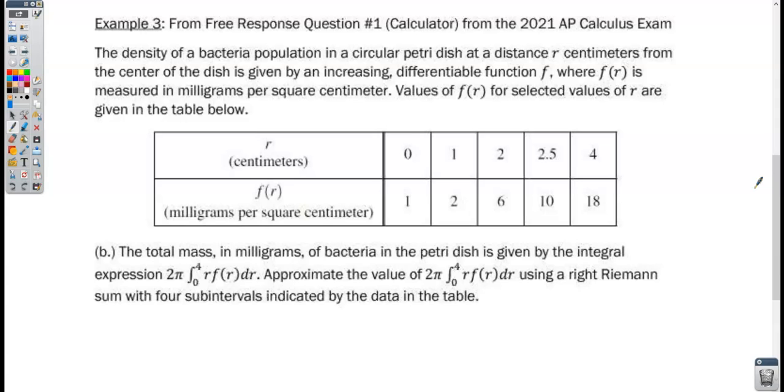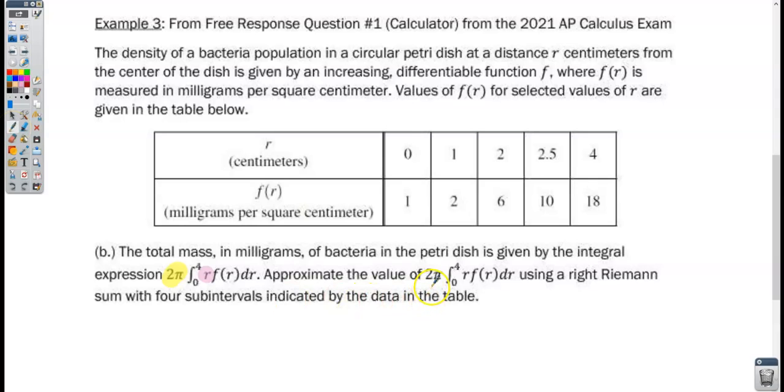Values of f of r for selected values of r are given in the table below. You see the table. And in this case, we don't just have the integral from 0 to 4 of f of r dr. We've got an r inside of our integral, and we also have this constant 2 pi out in front. So we're going to have to utilize those in there.